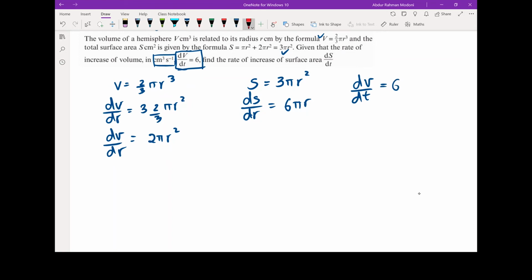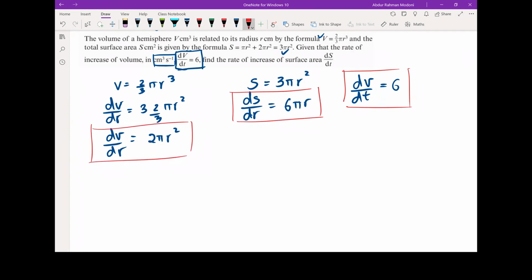So straight away I can see I've got a few differentials here: dV by dt, dS by dr, dV by dr, and I need to somehow connect these. Notice how I approach this. I used line by line maths, did the maths as I went along, found some derivatives for each of those equations that they've given us, and then I'm focusing on the last bit where it says find the rate of increase of surface.